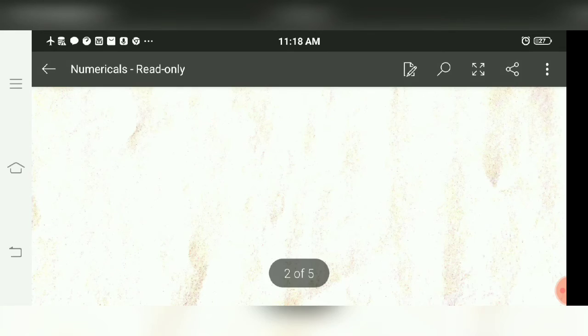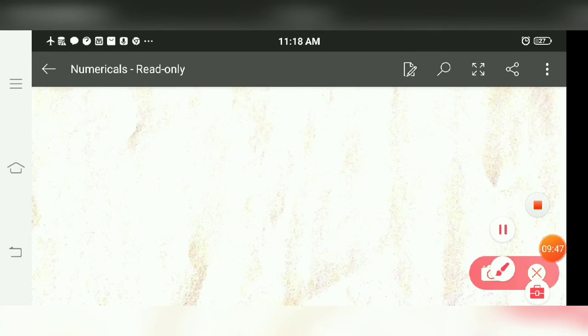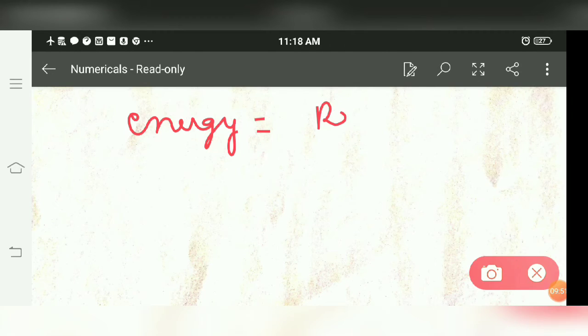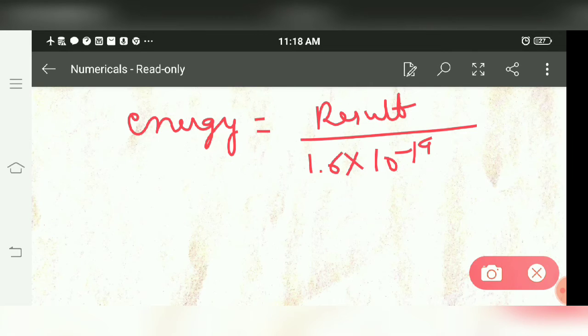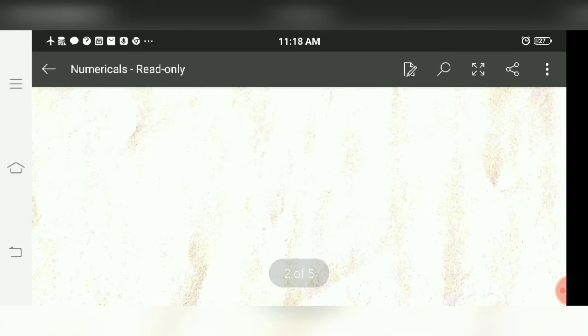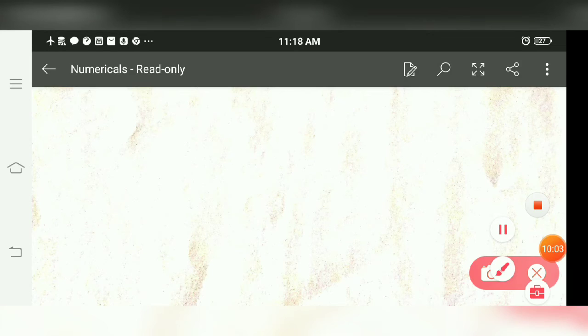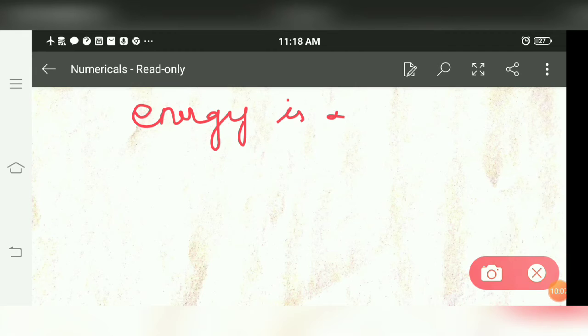So now what do you have to do? To calculate the energy in electron volt, whatever result you get, just divide that by 1.6 into 10 raised to power minus 19, and you will get the answer in electron volt. Another thing to keep in mind: suppose in a question energy is given in joule.